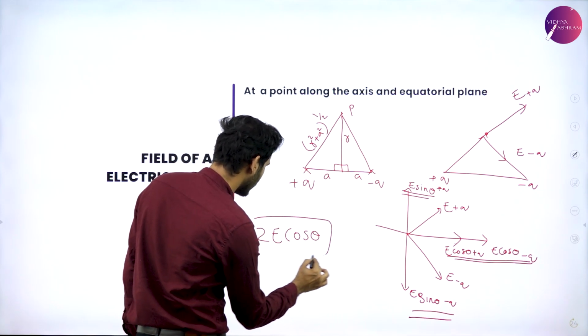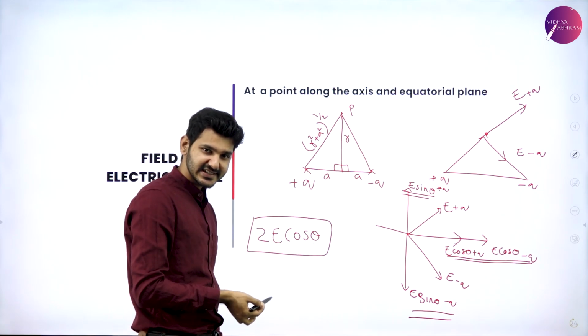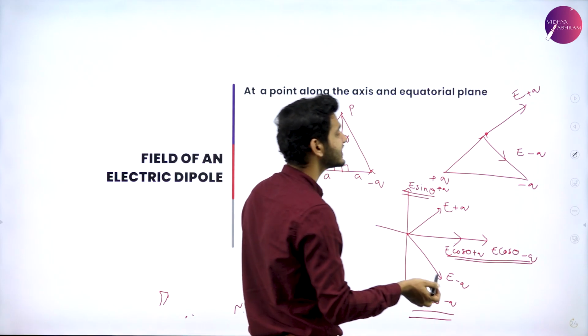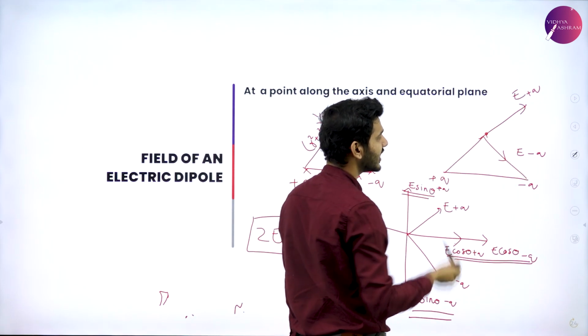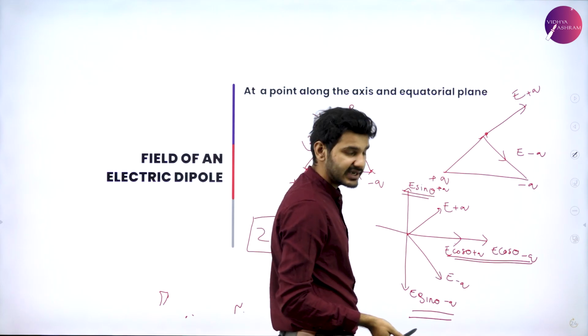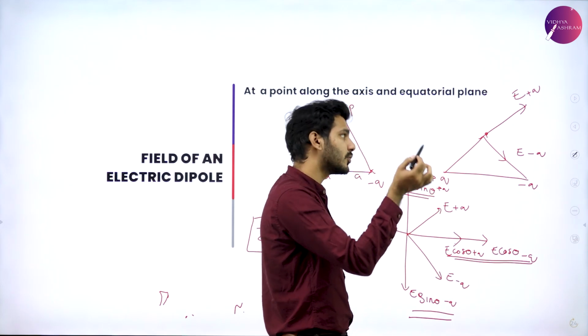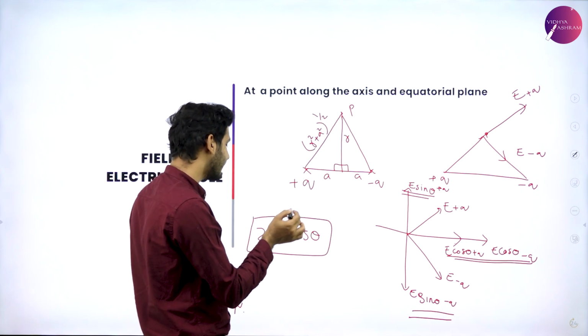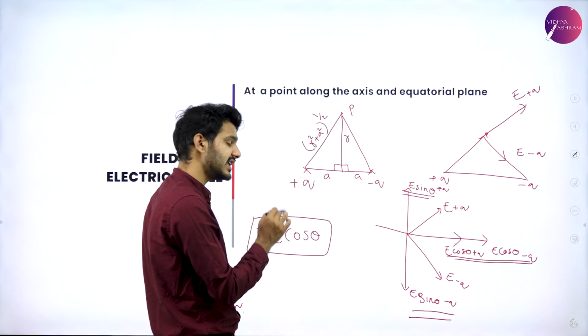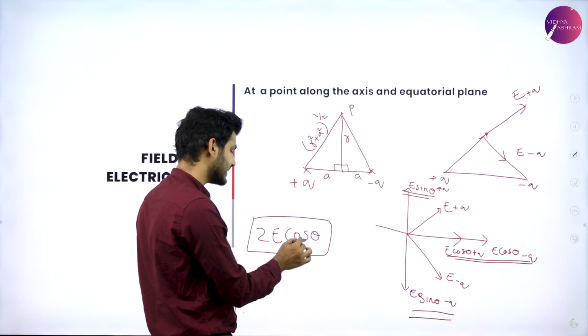So why do we need this and how did we get this? Since there are two vectors, due to plus Q and minus Q, we took the resultant and resolved it into its components and simplified that, so the electric field at that particular point will be given in this form.